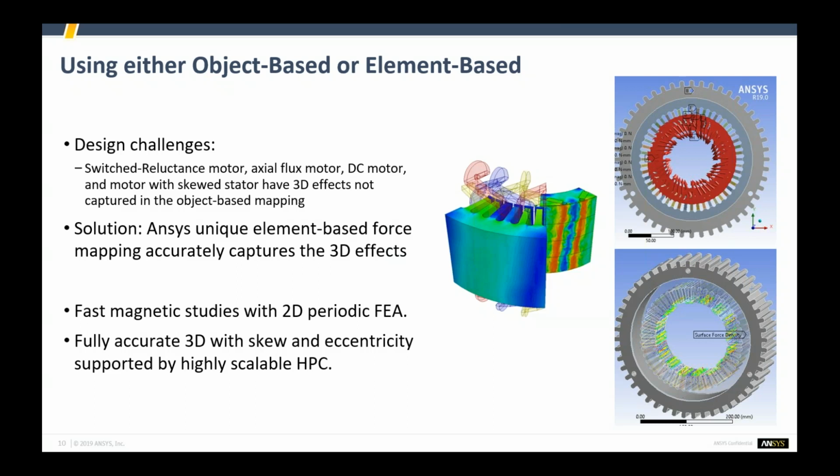For object-based, it means just a stator tooth. If it's element-based, then that would be the entire stator. The 3D eccentric models take longer to solve, but using HPC makes it a lot faster.